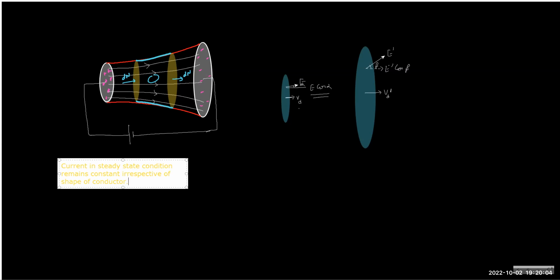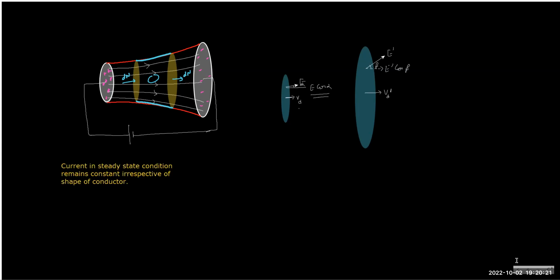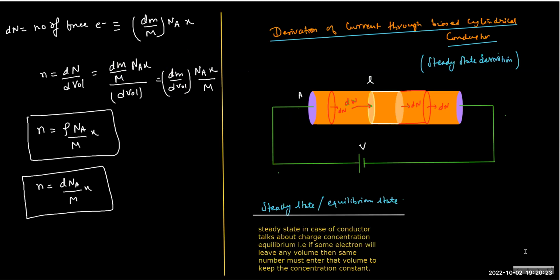I mean, it creates the potential difference, which in turn creates the field, and the bulk follows those field lines and eventually moves along the flow. So all this will come as a mathematical formula in this chapter, which you are going to see today itself. So now we are looking for the derivation of current.